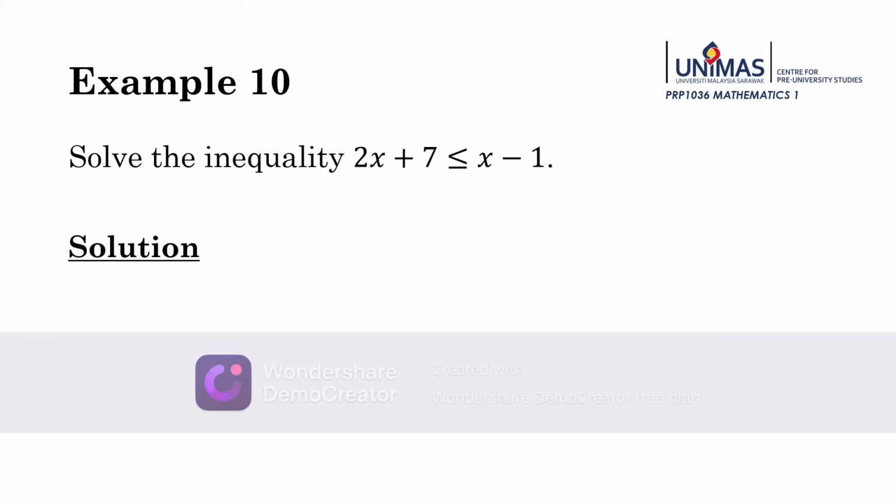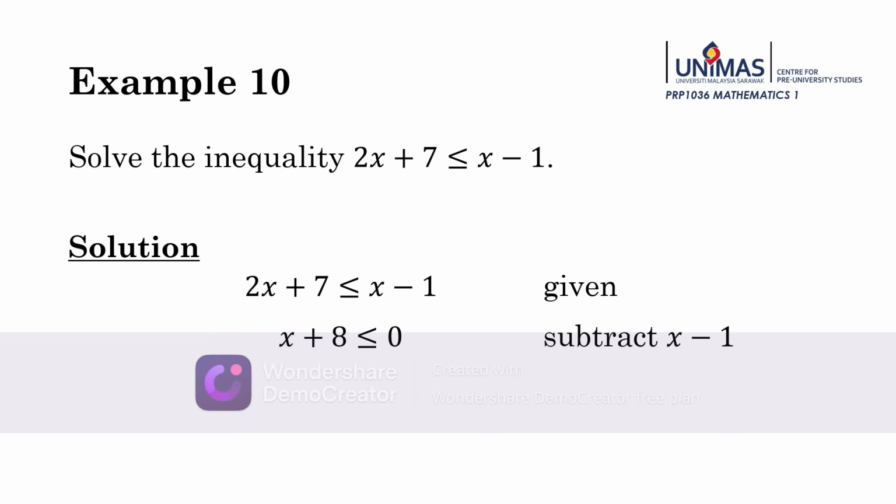Okay, for example 10, solving this linear inequality, same thing, we want to make it in standard form, so we minus both sides with x plus 1. So 2x minus x, you get x. Plus positive 7 plus 1, you get positive 8.